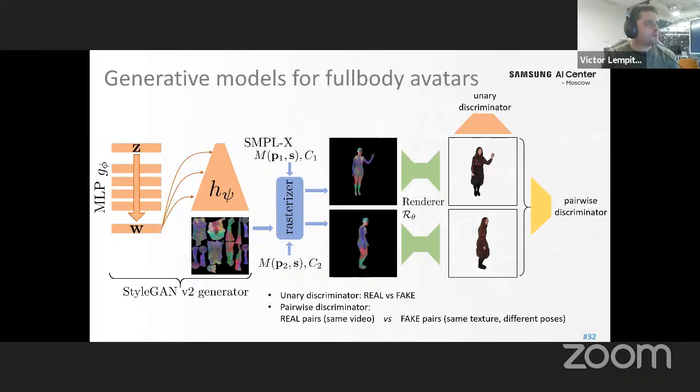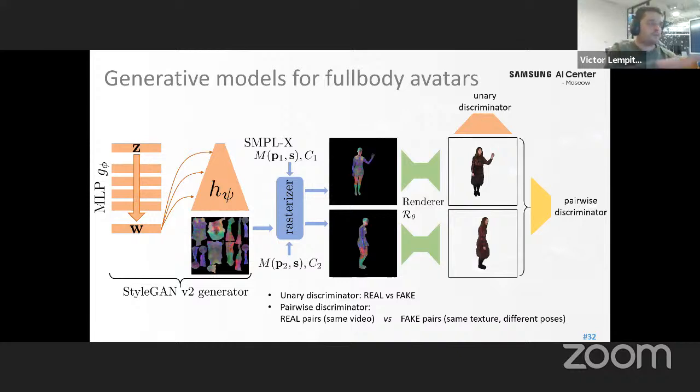The generative model is a StyleGAN generator which creates neural textures. We train this StyleGAN generator together with the renderer parameters against two discriminators, the unary discriminator and the pairwise discriminator.